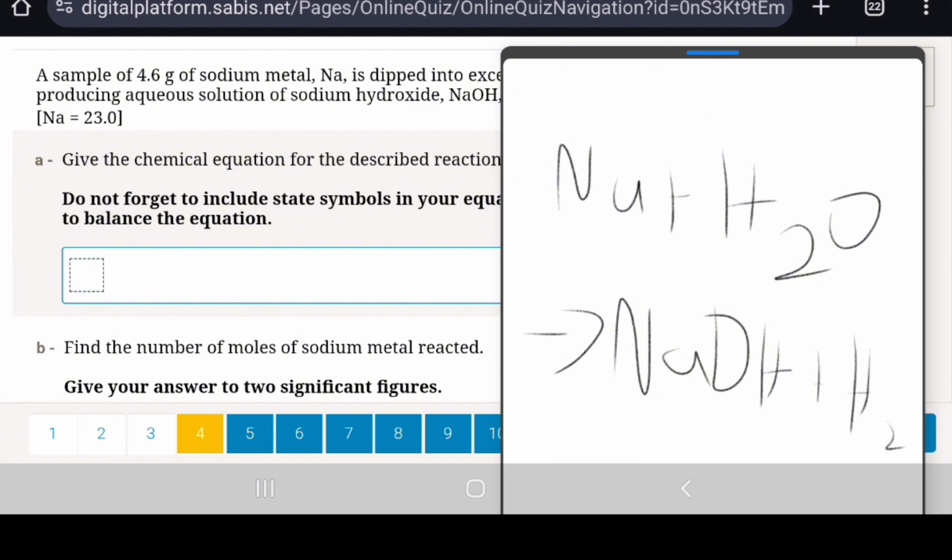Now we need to balance the equation. Sodium is balanced, oxygen is balanced, but hydrogen is not balanced.